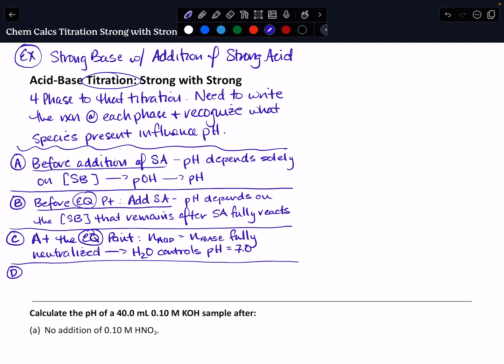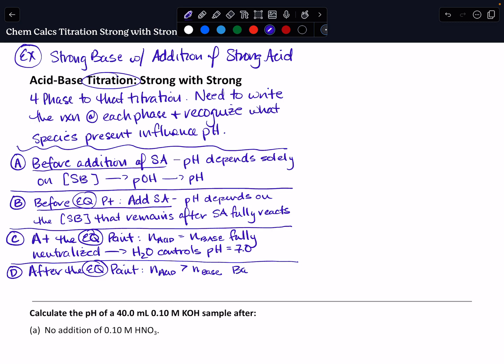And then finally, after the equivalence point. At this point, the moles of acid are greater than the moles of base. So we added enough acid to neutralize all of the base that's present, and then we have some extra acid that's present.